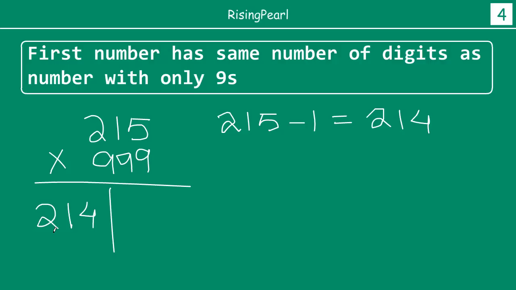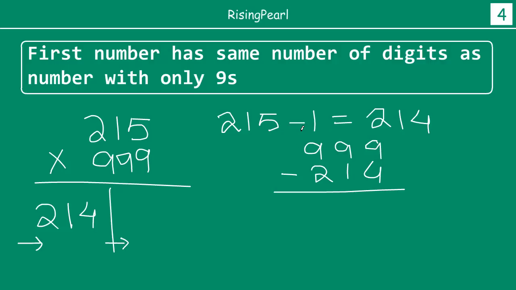Now starting from here, we are going to subtract each of these digits from 9, and we're going to start writing it this way, right? Because there are 3 digits, let's write 3 9s like this and write 214. And first let's subtract this. Remember, this is not a subtraction where we have carry over and all that kind of stuff.